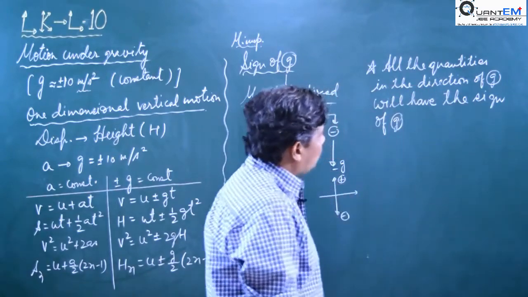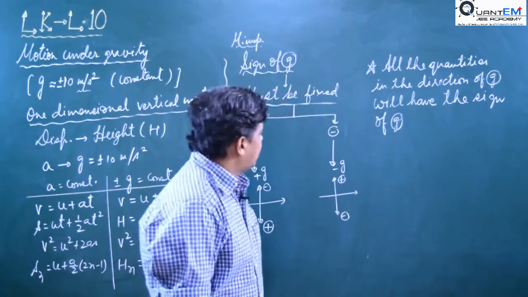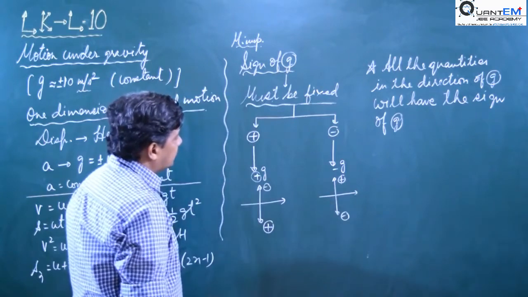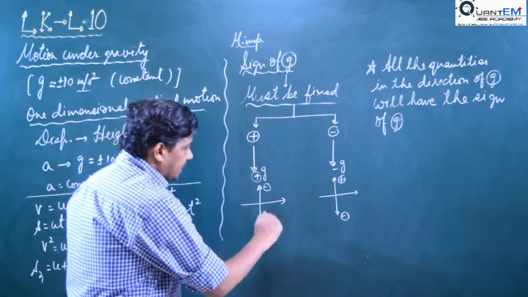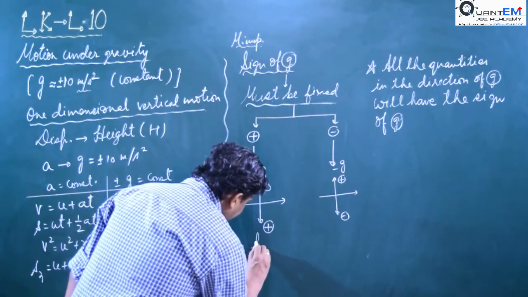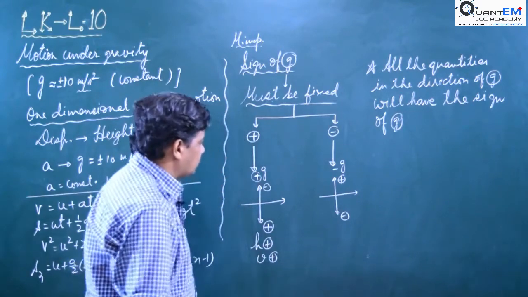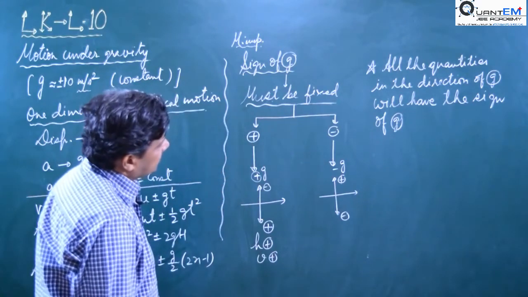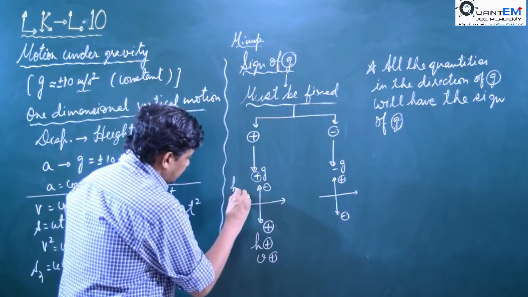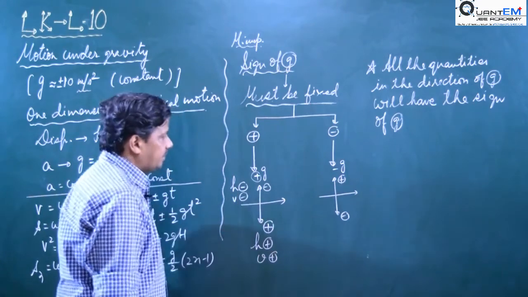All the vector quantities in the direction of g will have the same sign as g. If g is positive in the downward direction, then all the quantities in the downward direction will have the positive sign. Like g is positive, so displacement will be positive and velocity will also be positive. And against g the quantities will have the opposite sign. Like in the upward direction the displacement is negative and velocity is also negative.